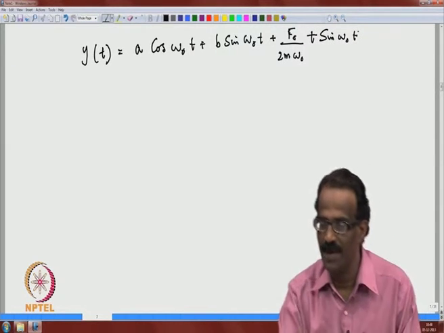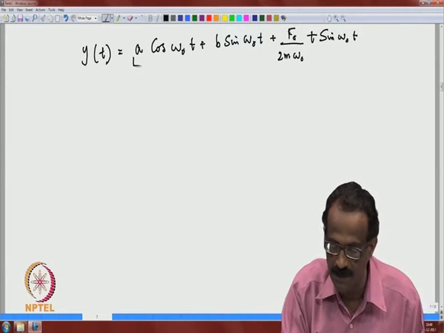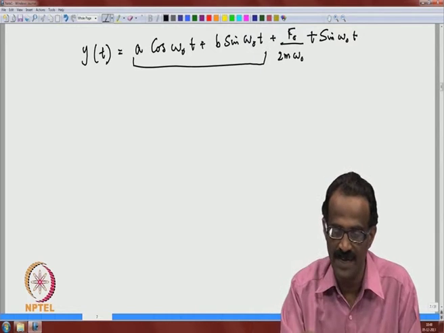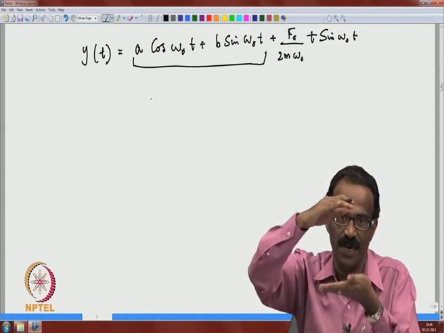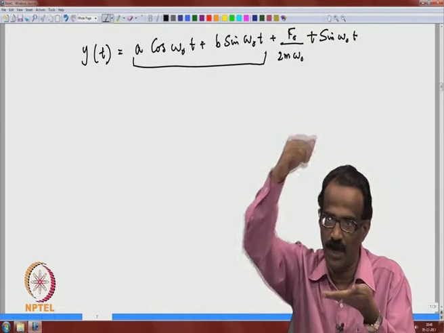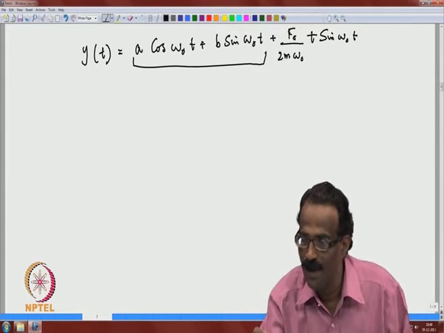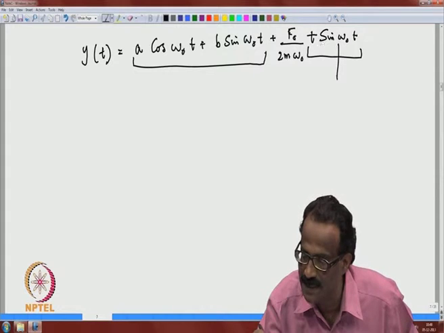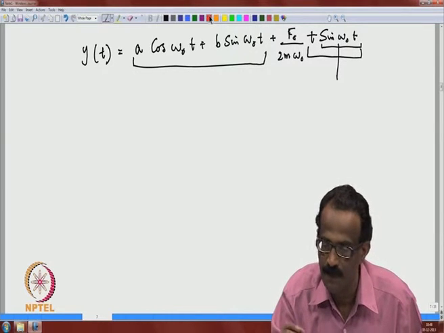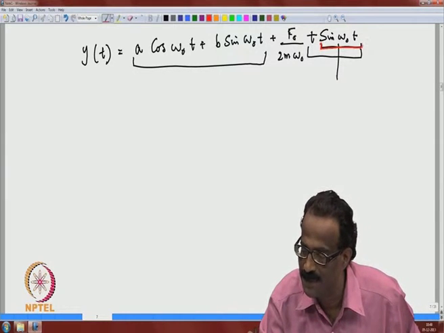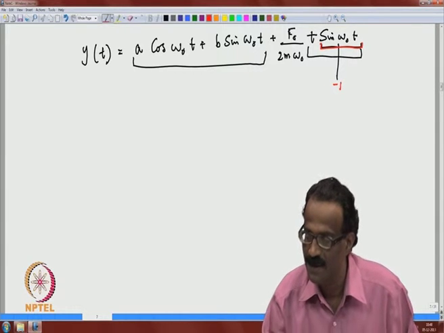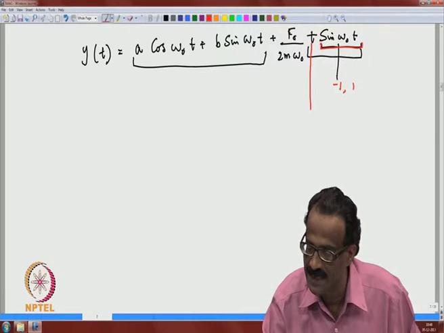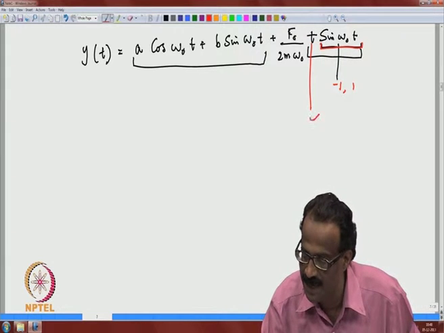Now, how do things behave? The behavior of the first terms is fine, they oscillate between plus and minus the amplitude. But look at this term, the sine part oscillates between -1 and 1, but you see as t increases, this increases to infinity.